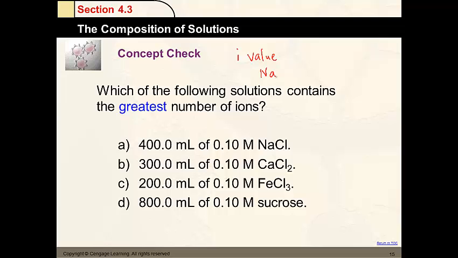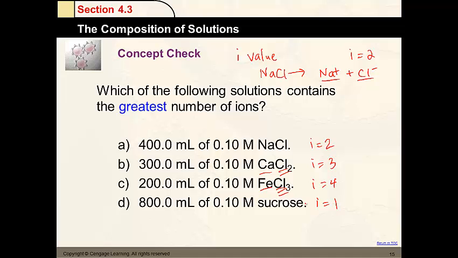Sodium chloride splits up into 1 sodium, 1 chloride, so the i value equals 2, 1 plus 1. Here we end up with 1 calcium and 2 chloride, so the i value equals 3. Here we get 1 and 3, so the i value equals 4. And sucrose is covalent, and we could also call that molecular, and the i value for all of those is always 1.